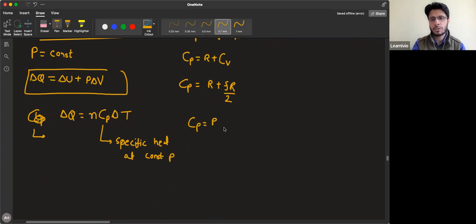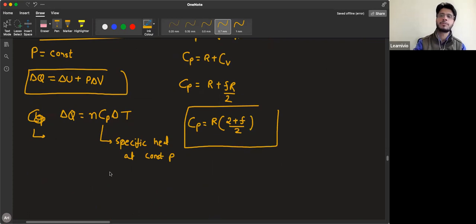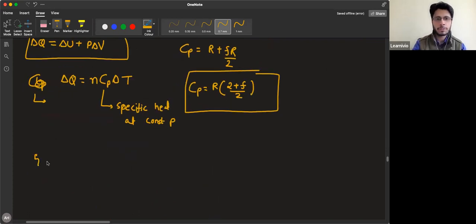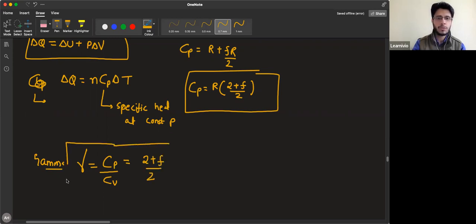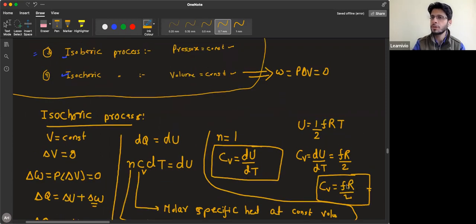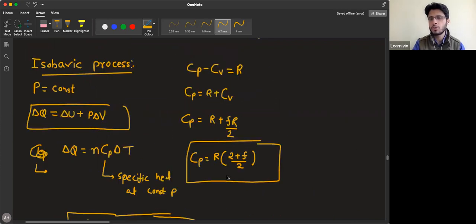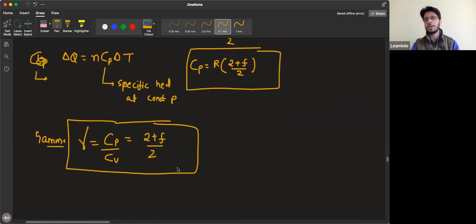You take R as common, it's (2 plus f) by 2, times R. Then you can calculate gamma also. What is gamma? Gamma is just the ratio of Cp and Cv. So if I take the ratio, then it comes out to be (2 plus f) divided by f. So see, if you know degree of freedom, you know Cv, specific heat at constant volume. If you know degree of freedom, you know Cp, you know this gamma. Gamma will be used in adiabatic process.